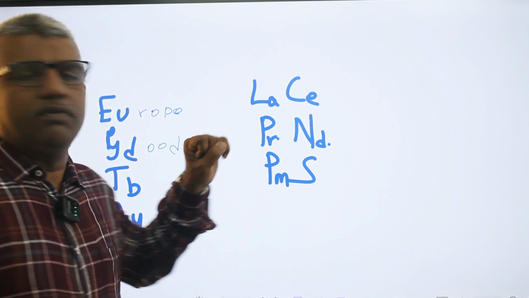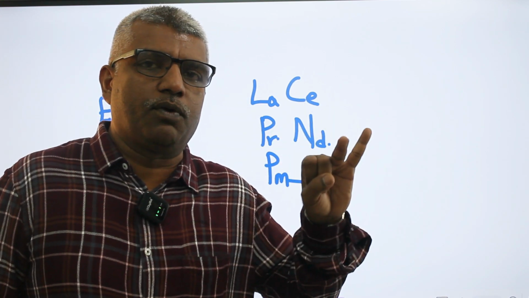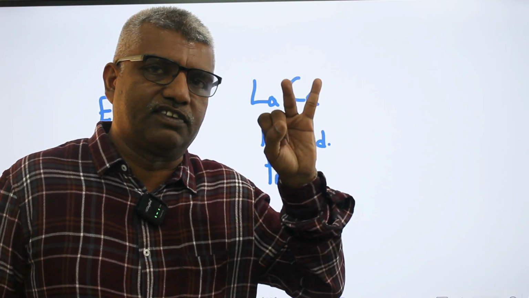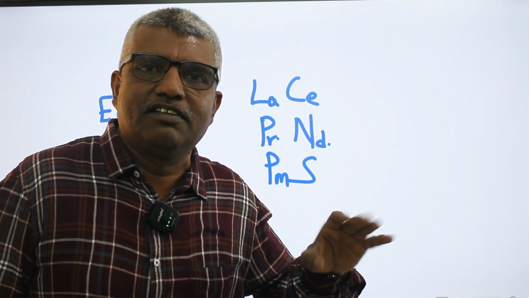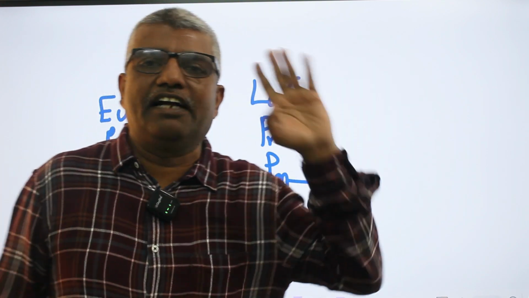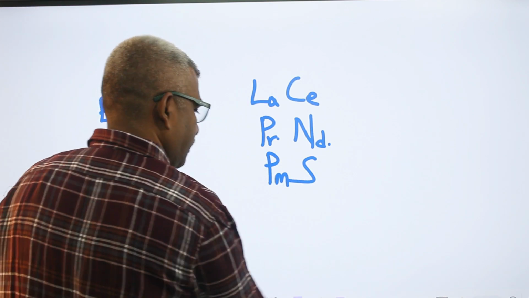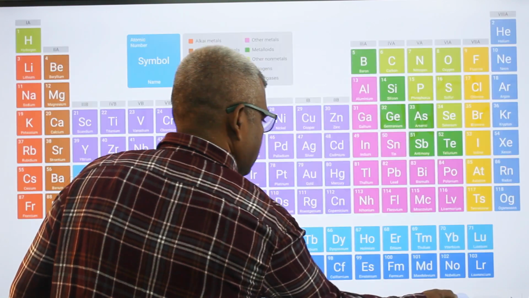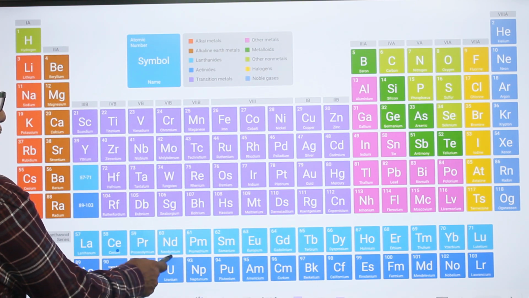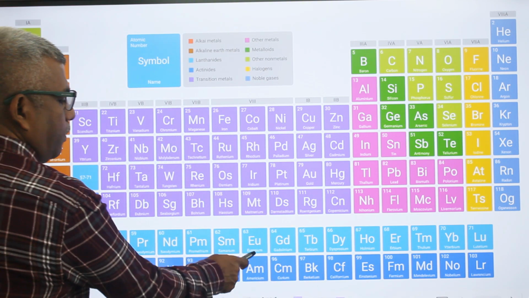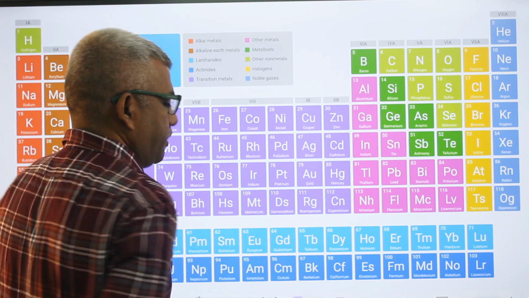So europium, gadolinium, because Europe goods are terrific and dynamic, then terbium and dysprosium.